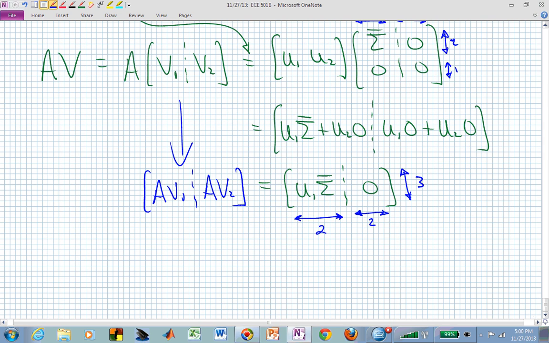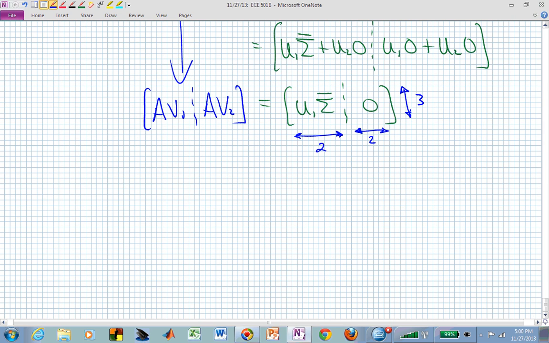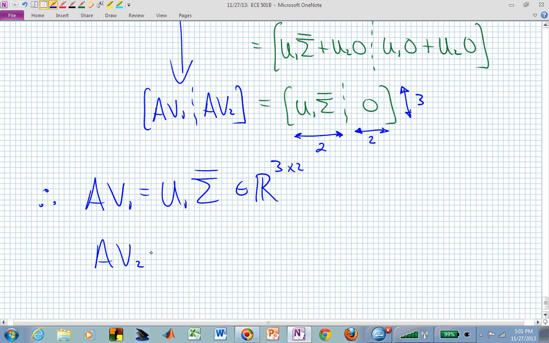And what's that saying? If we looked at this result right here, we can see that AV1 is equal to U1 sigma bar. And that's now 3 by 2. Maybe that's not so neat. The neat thing is actually AV2. What's AV2?